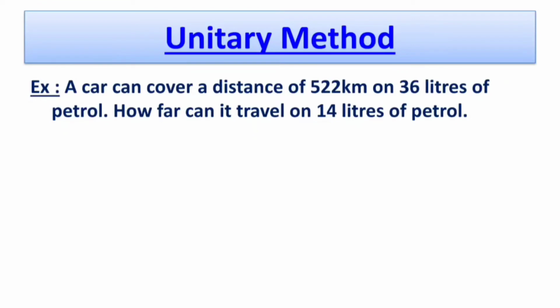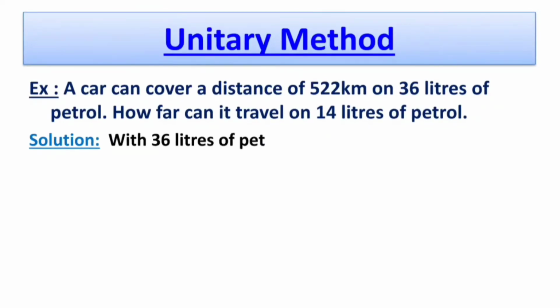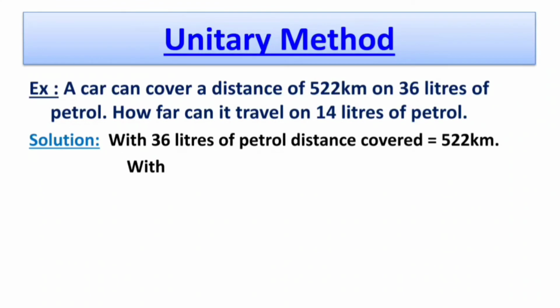The next problem is: a car can cover a distance of 522 km on 36 liters of petrol. How far can it travel on 14 liters of petrol? Here the given is with 36 liters of petrol, car covers 522 km.